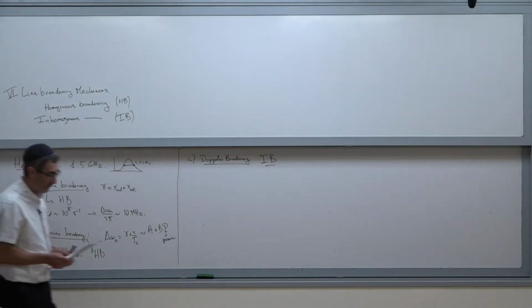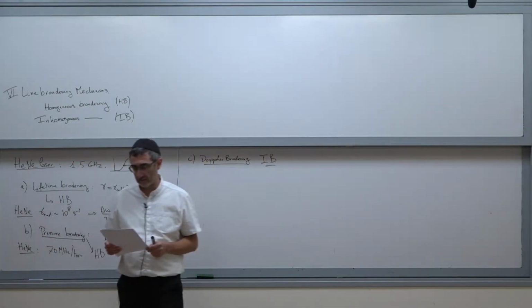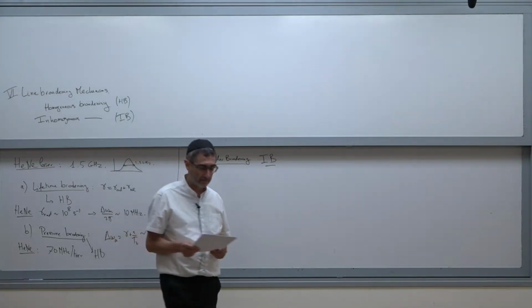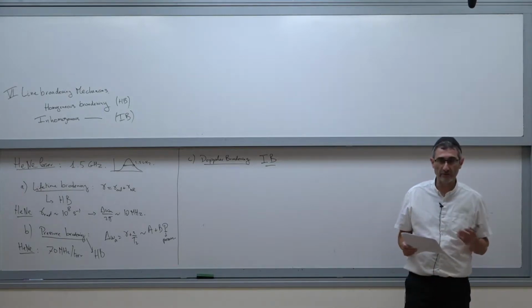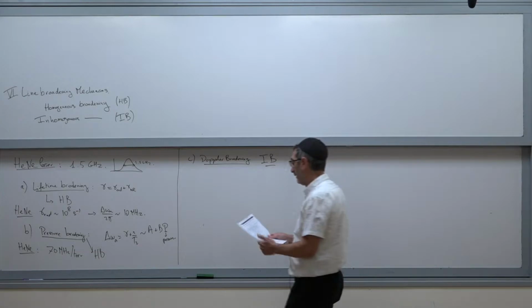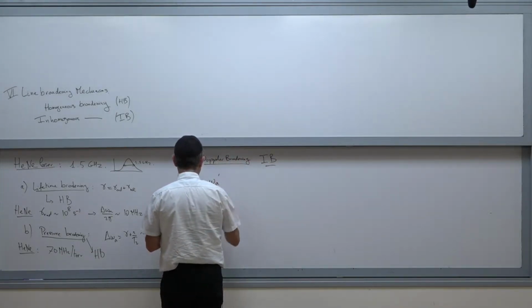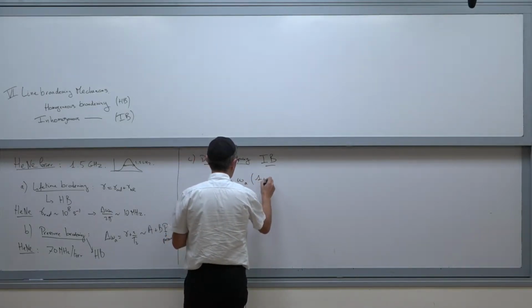So let's say you have an atom at frequency omega A with a velocity v. From outside what you see is not anymore an atom at frequency omega A, but an atom at frequency omega A prime. And the direct relation is omega A prime equals omega A times (1 + v/c).